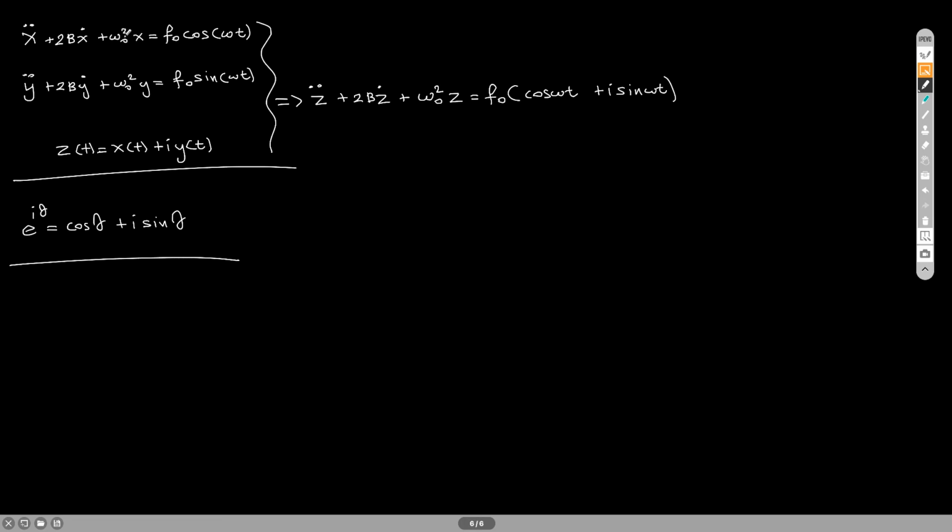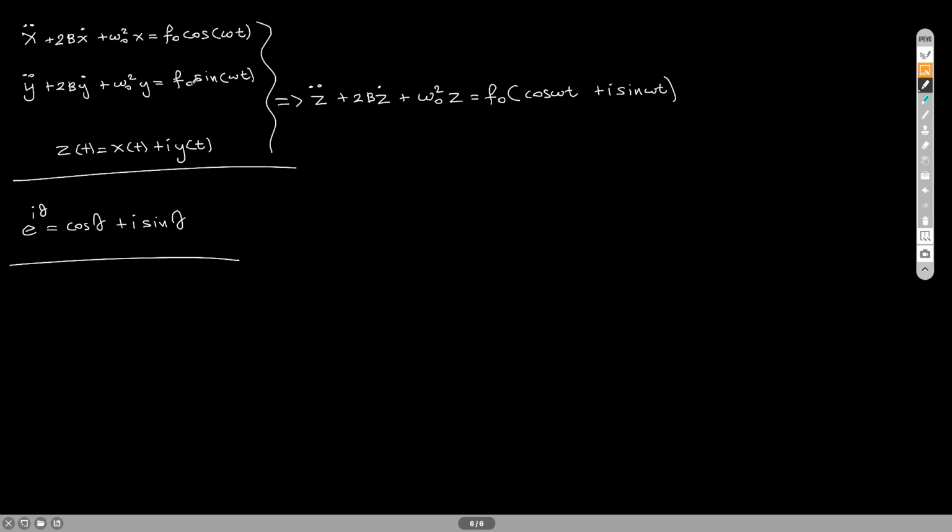If you do that, then you get x double dot plus i y double dot, which will simply give me z double dot. And then I have 2 beta times x dot plus i y dot, which will give me simply 2 beta z dot. And similarly, you get the same thing for the last term.